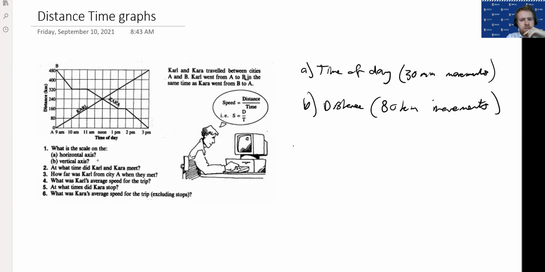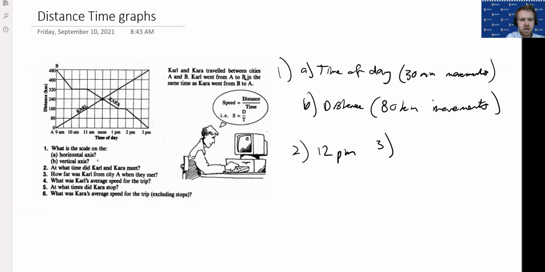Okay, and then for question 2, at what time did Carl and Kara meet? We're just reading off the graph here, and we can see that they cross over. They meet at the point where they're at the same distance away. So at noon or 12 p.m. How far was Carl from city A?